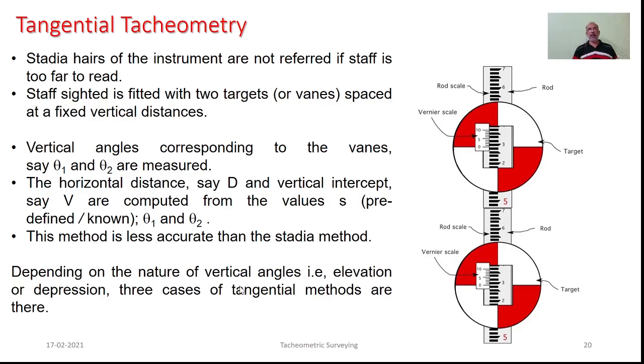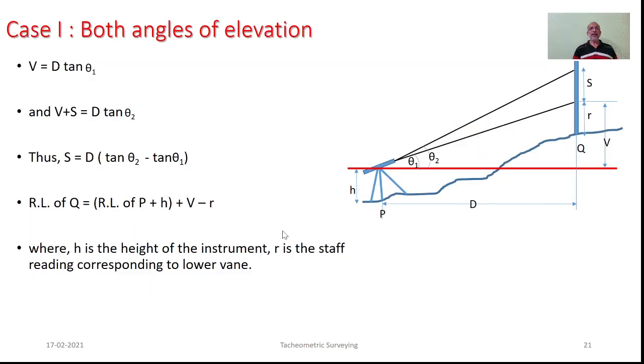Depending on the nature of vertical angles, that is elevation or the depression, we can have three classes. Say the first class is case 1, say both angles are of elevation.